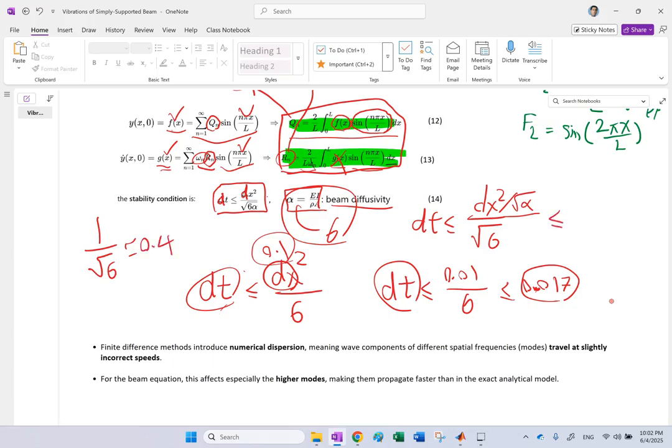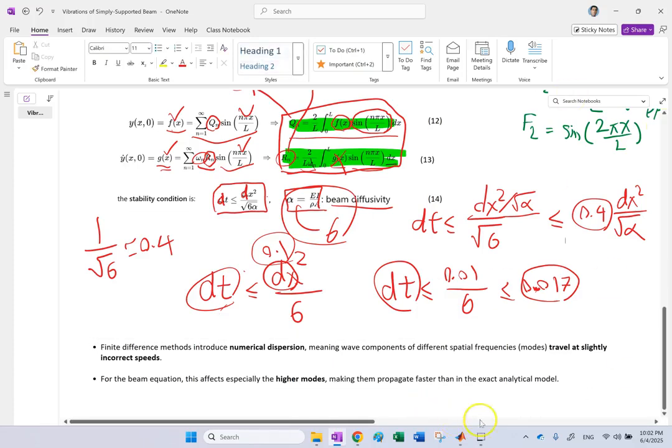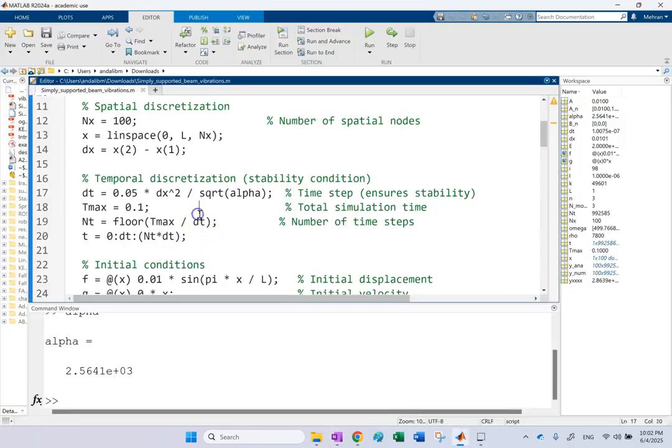So it's less than or equal to 0.4 times dx squared over square root alpha. And here I chose quite a bit smaller than that. I chose 0.05, like 8 times smaller, to get a better solution.